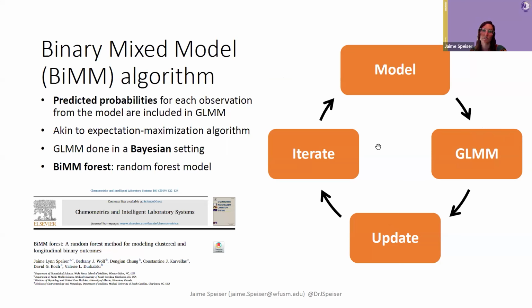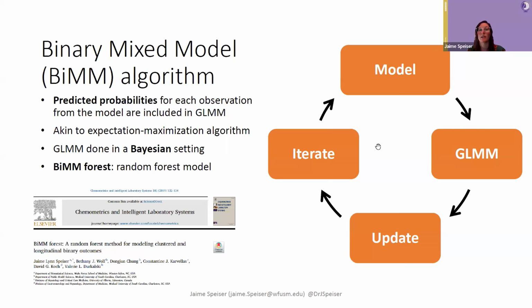The unique factor with the BIM method is that the generalized linear mixed model is applied in a Bayesian setting. We chose that because it gets around some of the convergence issues that can happen with frequentist methods.